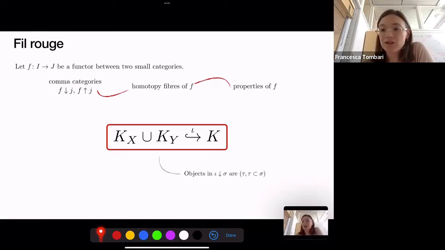So the comma categories also turn out to be not that complicated. If you fix a simplex sigma in K, then the comma category iota over sigma is going to be formed by these simplices tau and an inclusion of tau into this sigma.